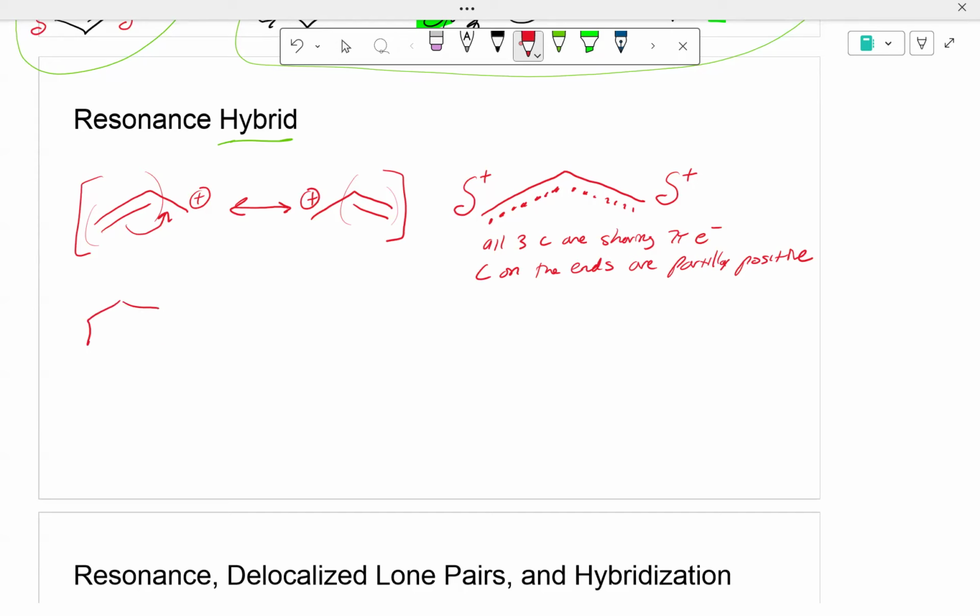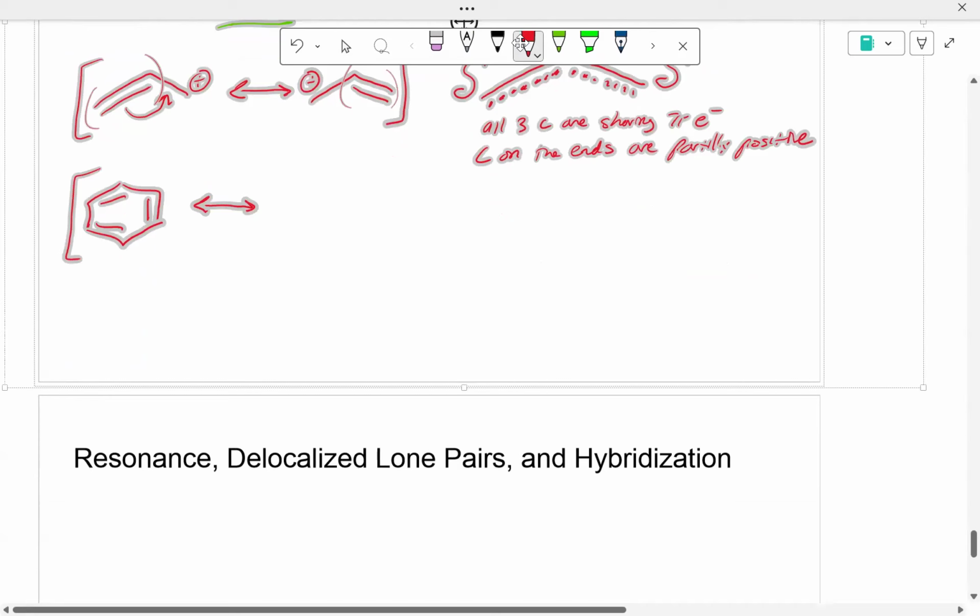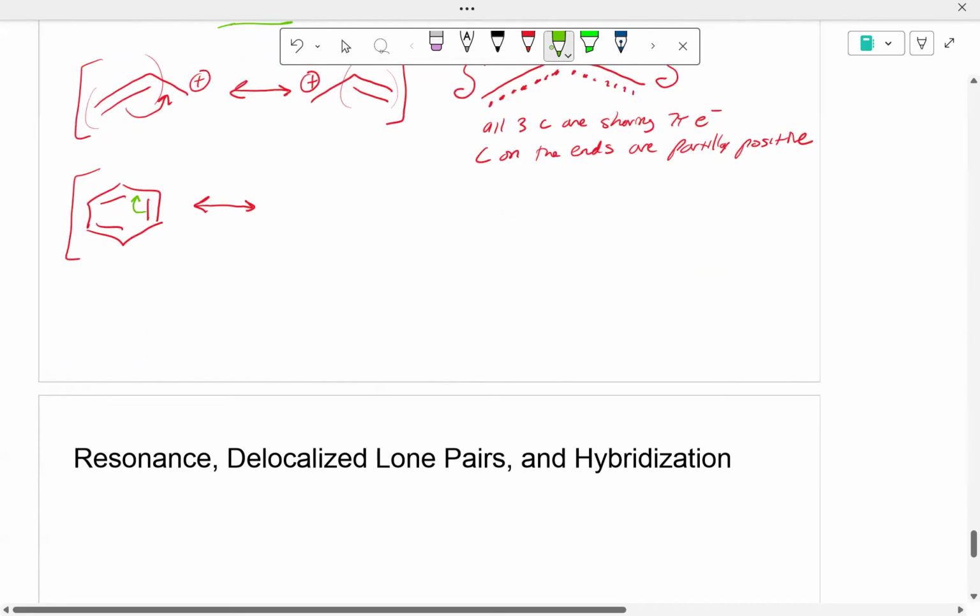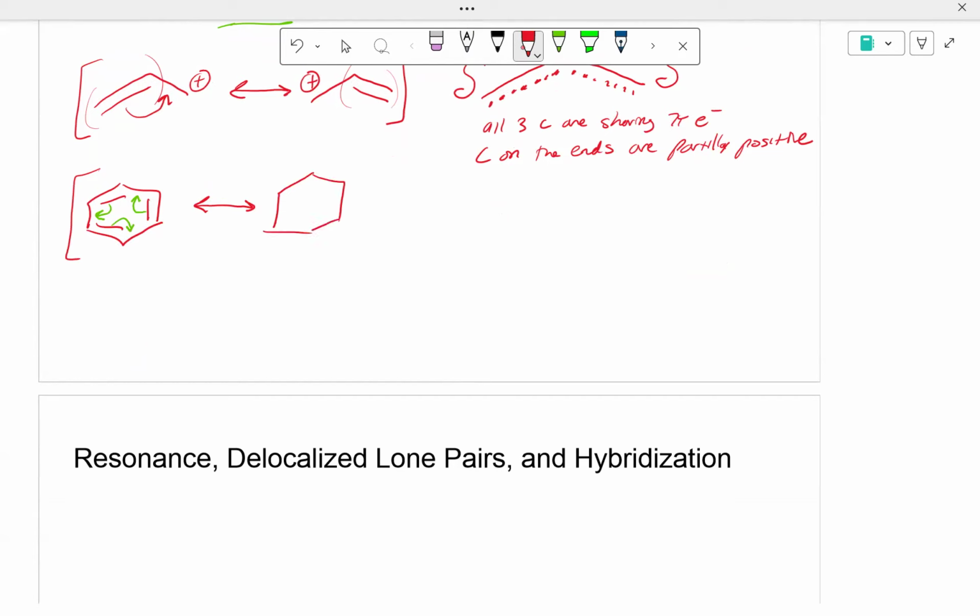Let's look at another example here. If I were to draw the resonance form for this structure, one way I could do that is I can move these electrons there, move these there, and move those there. If you look at the two resonance forms, the carbon-carbon double bonds are between different carbons each time.